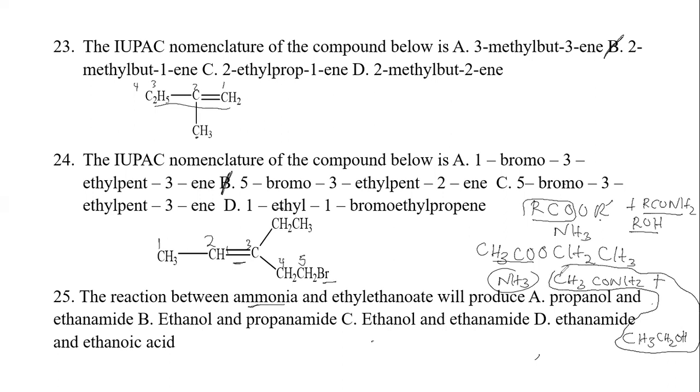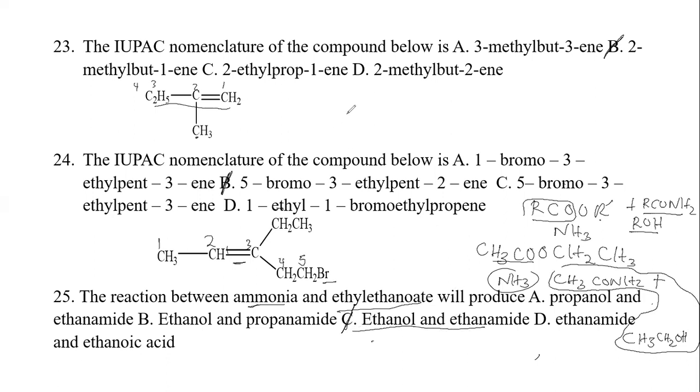So that is ethanamide and ethanol. Ethanamide and ethanol. That is option C. The chemistry of ethyl ethanoate is actually very important for UTME. So that is one of the important reactions of ethyl ethanoate. When ethyl ethanoate reacts with ammonia, it's going to form ethanol and ethanamide.